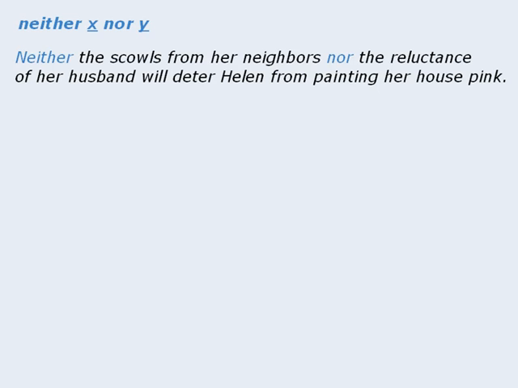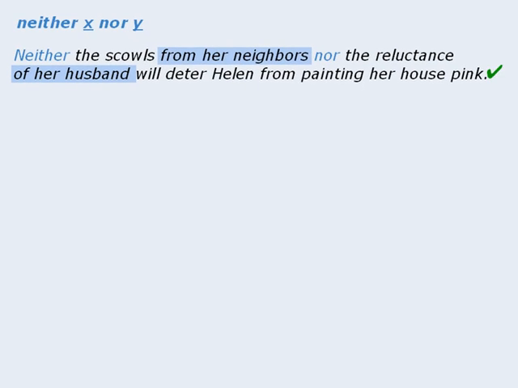This sentence uses the neither nor correlative. Notice that the part after neither and the part after nor have parallel structure. First, the scowls is parallel to the reluctance. And second, the prepositional phrase from her neighbors is parallel to the prepositional phrase of her husband.